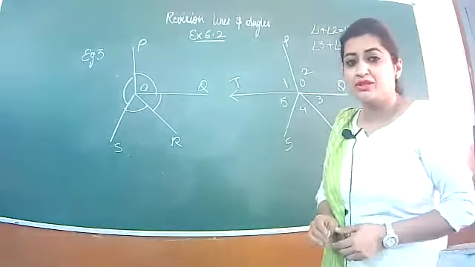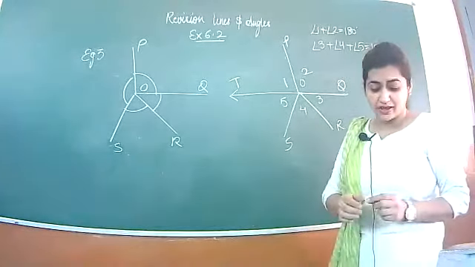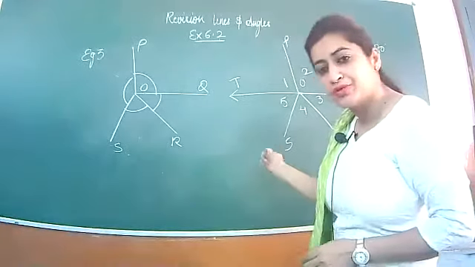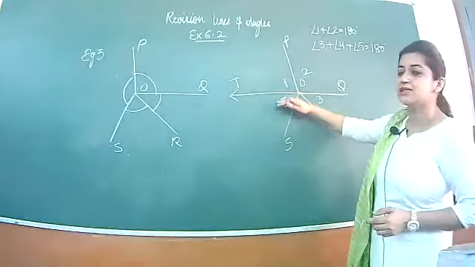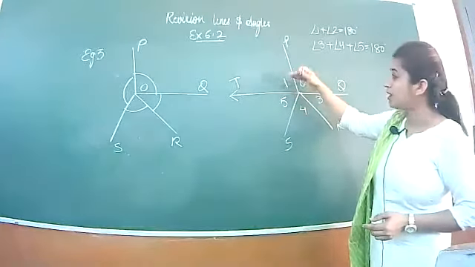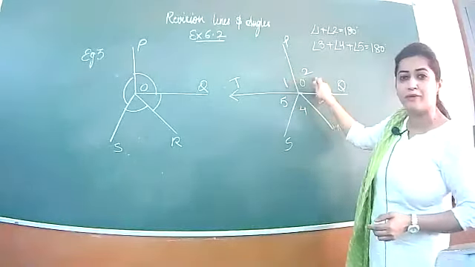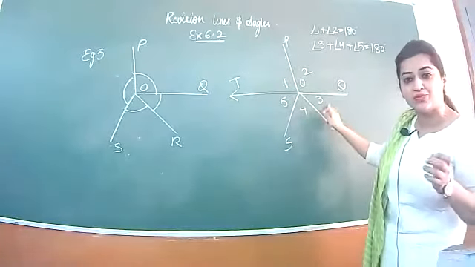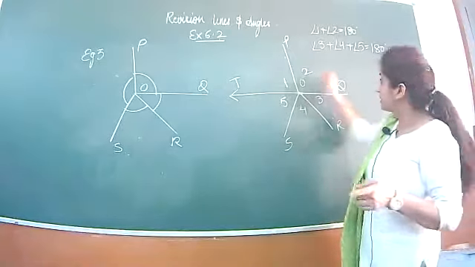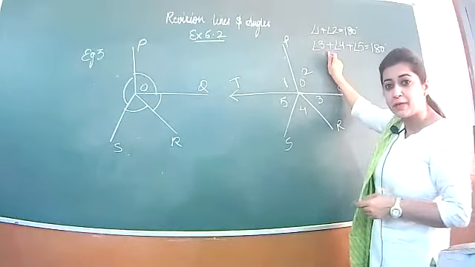Maybe this question in the book has been done with a different method, but you will do it with this. It's very easy. This is a straight line, so on the upper side of the line, 1 plus 2 will be 180 by linear pair, and angles 3, 4, 5 is 180 by this. The reason behind this is linear pair.